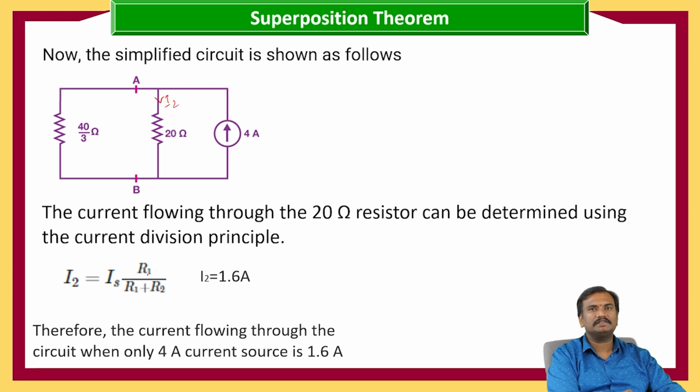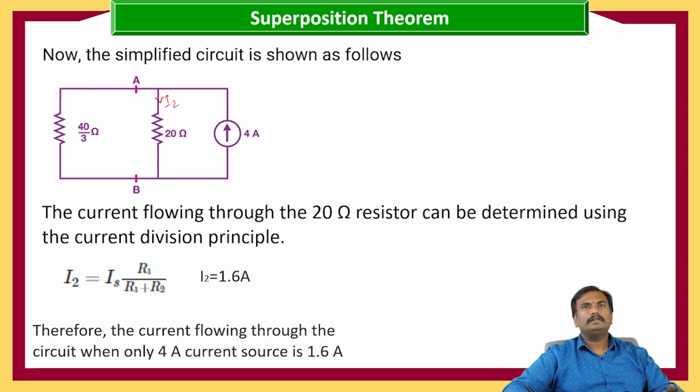Here the opposite resistance is R1, that is 40 by 3 by 40 by 3 plus 20, where I2 value we are getting as 1.6 amperes. Therefore, when only the 4 ampere current source is acting, in the 20 ohm resistance only 1.6 amperes current is flowing.